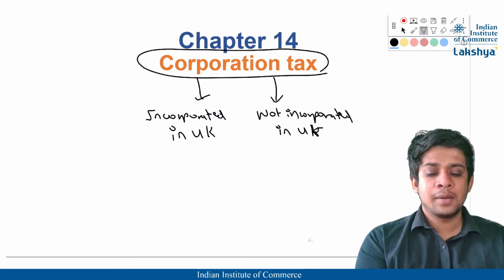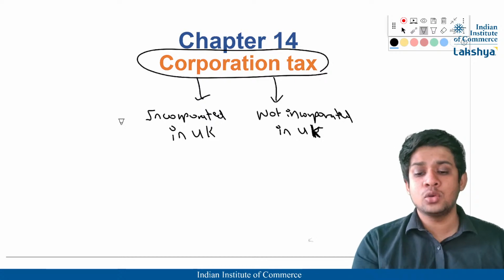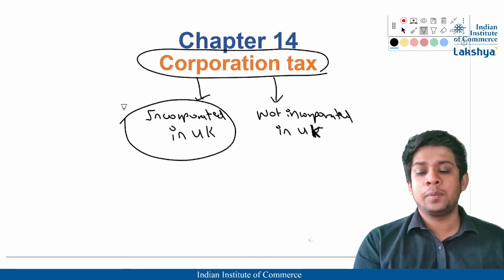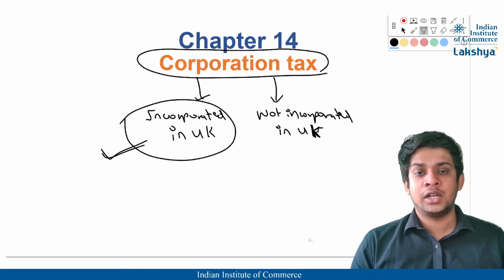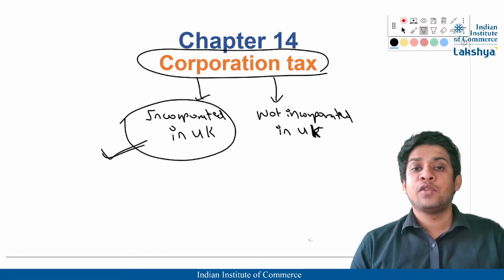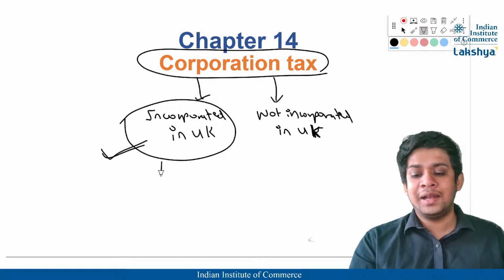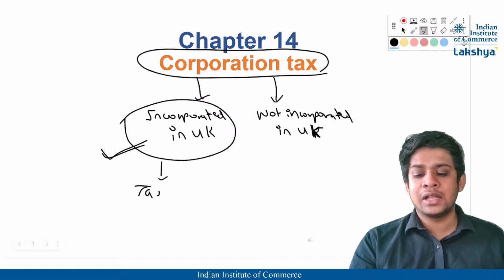Okay. So if there is a company which is incorporated, or you can say listed to the stock exchange in UK, then whatever are the incomes that the company is generating, not only in UK but for its worldwide income, they will be taxable. Because technically you can say that they are a resident in UK, right?